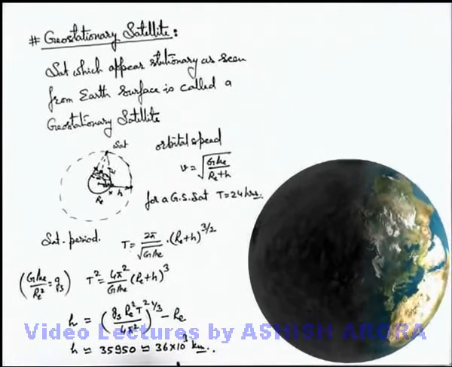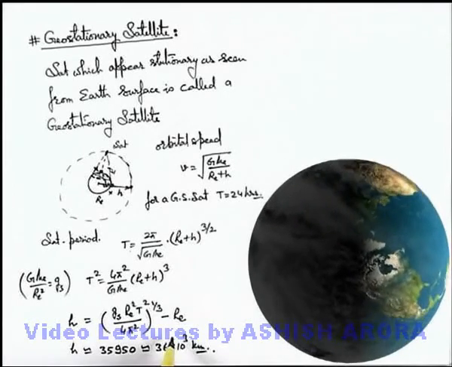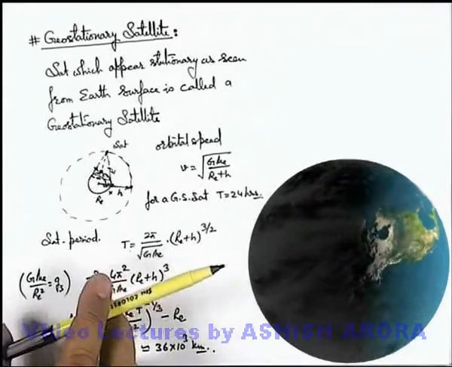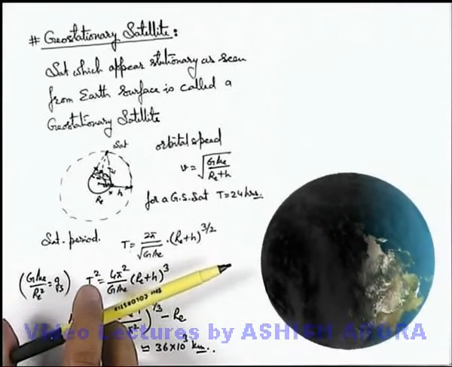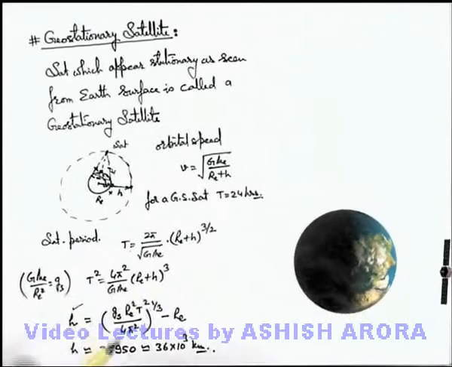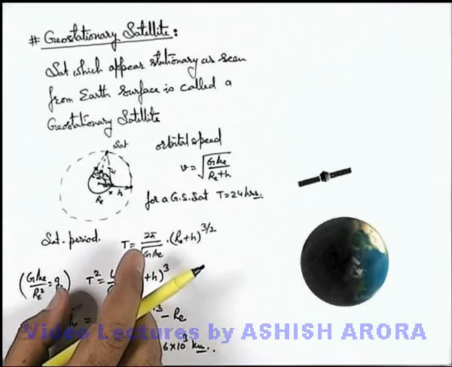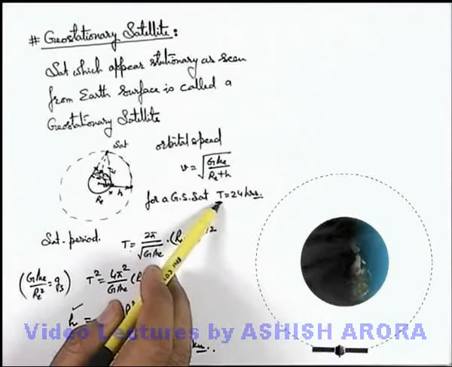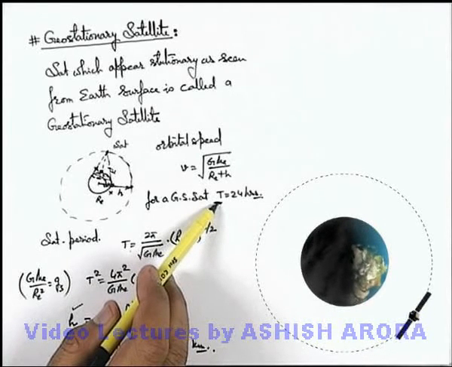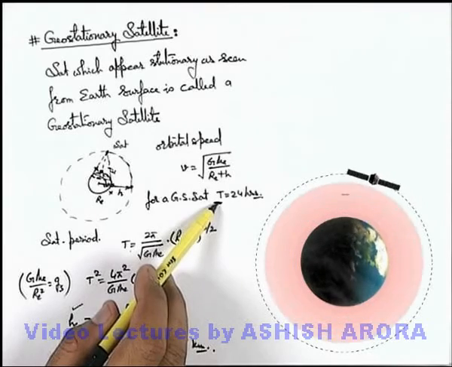Now we can see a realistic situation here. This is Earth, and at this height h around Earth, if we consider an orbit and a satellite in this orbit, the satellite revolves around the Earth with a period of 24 hours. But for this, the orbit must be in the equatorial plane of Earth.